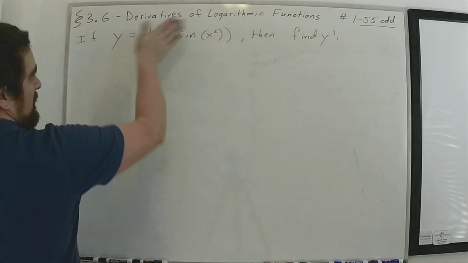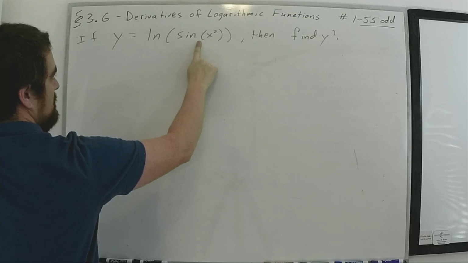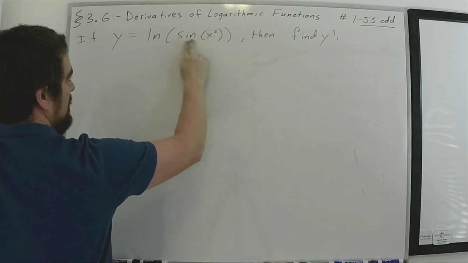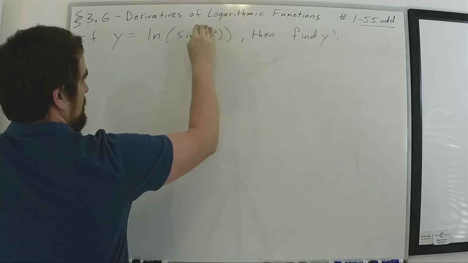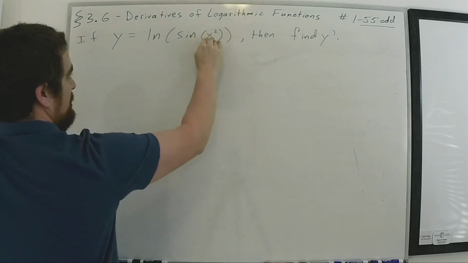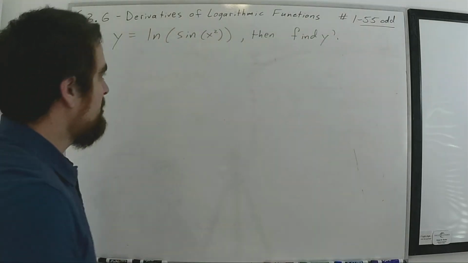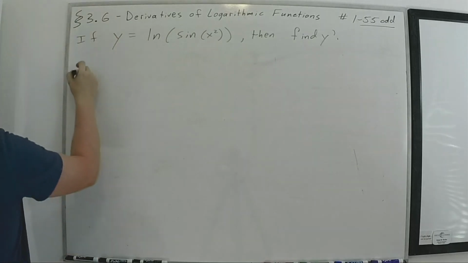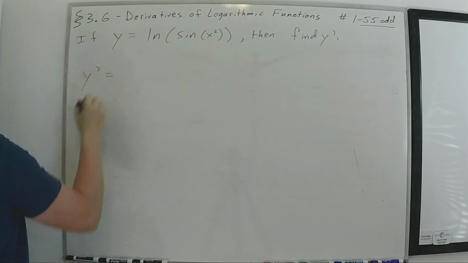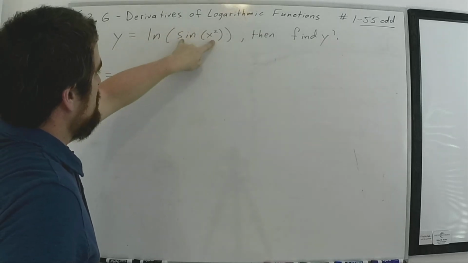I have to differentiate the log function, which means I have to take the derivative of the inside over the inside. However, the derivative of the inside is a composition of two functions, the trig function and the square function. So I need chain rule there. So you can see that all these rules just start to stack on top of each other, right? So y prime is going to be the derivative of the inside. All right, let's differentiate the inside.